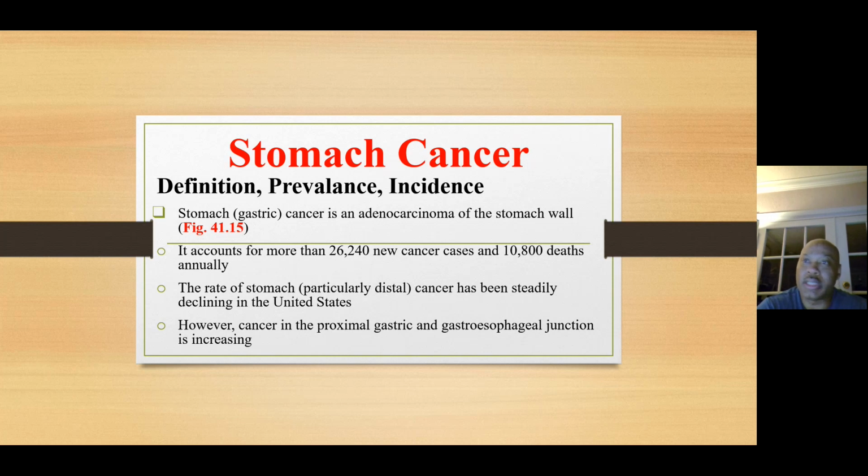There's also pernicious anemia, adenomatous polyps, hyperplastic polyps, and also achlorhydria, which means absent or low production of gastric hydrochloric acid.